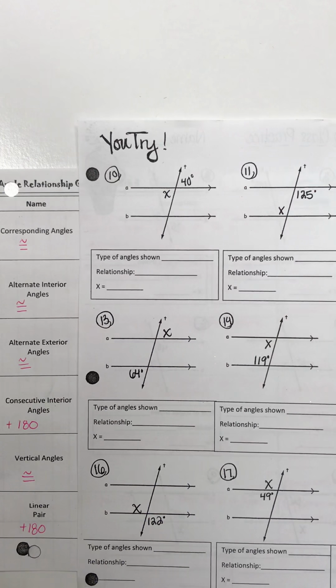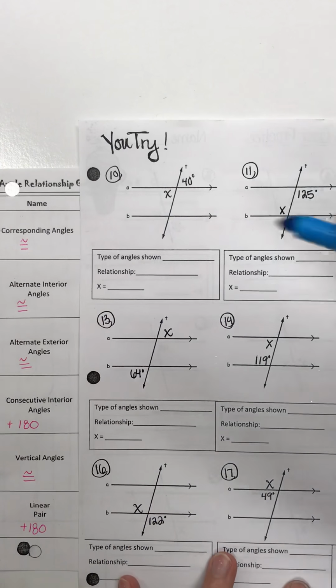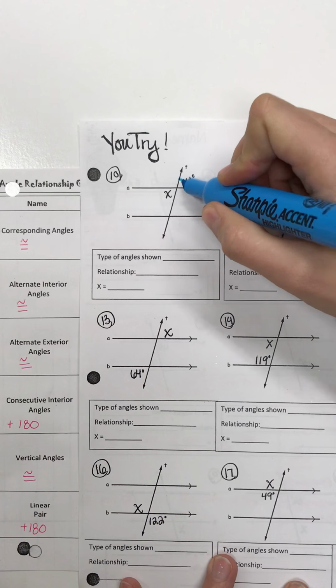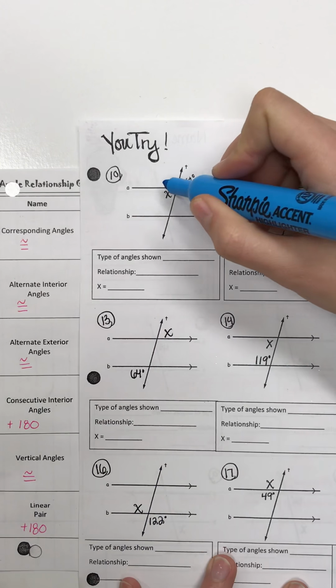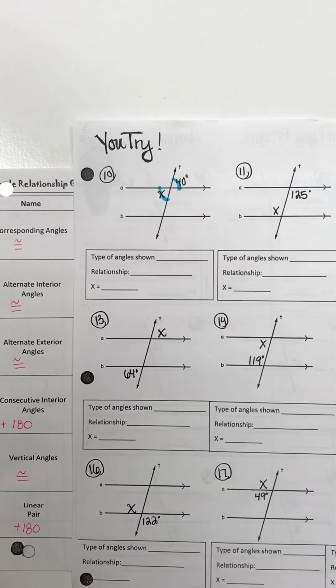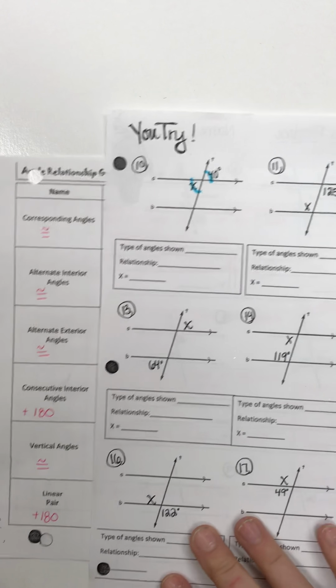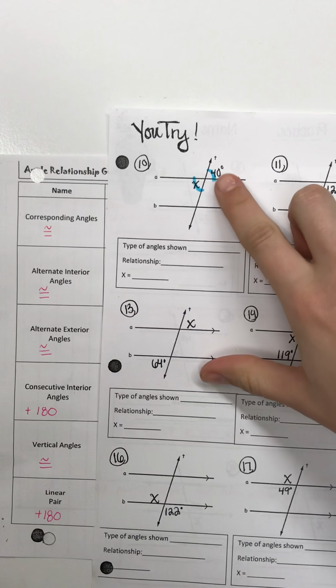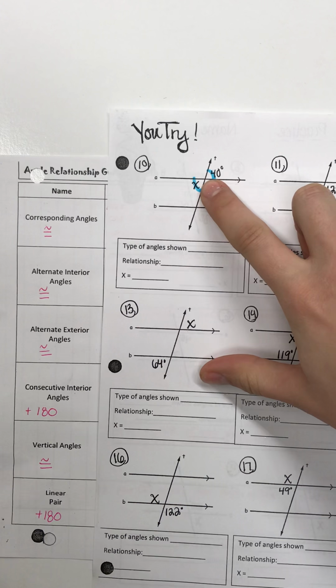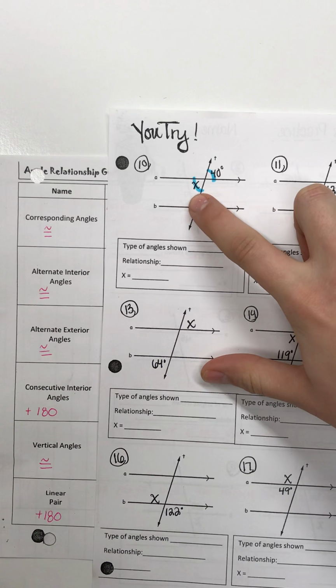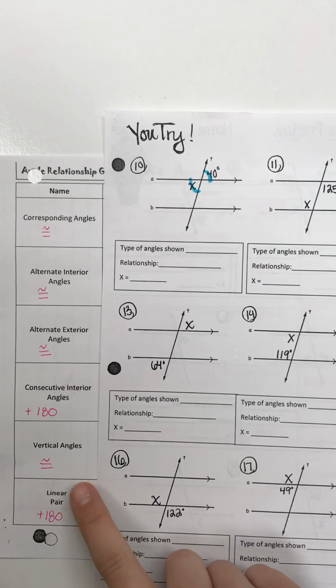So if we look at number 10, I would encourage you to highlight the angles given with a little angle mark. So I'm given angle 40, and I'm also given x. That will easily help you visualize what type of angles are given to you. Now, if they share a vertex and they're on opposite sides, those are considered vertical angles.